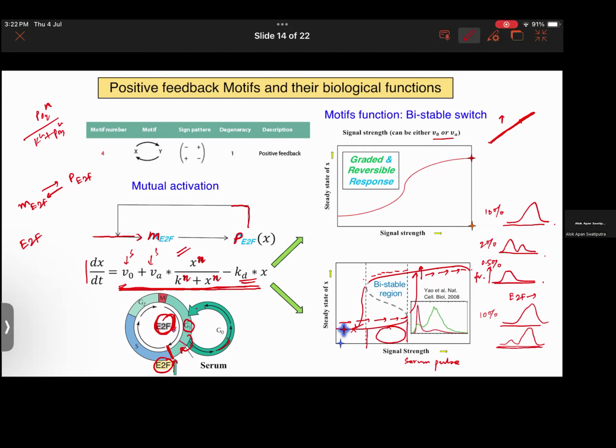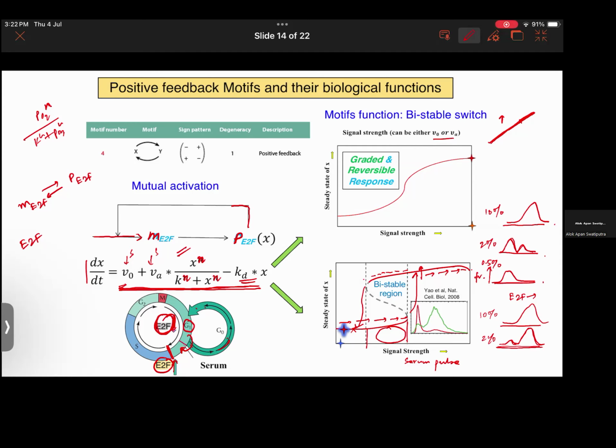If you look at the increasing serum picture, I had drawn that at 2% there were more number of low cells and less number of high cells. In the reverse direction, even at 2%, what they observe is there is no population of low cells and a high population of high cells.